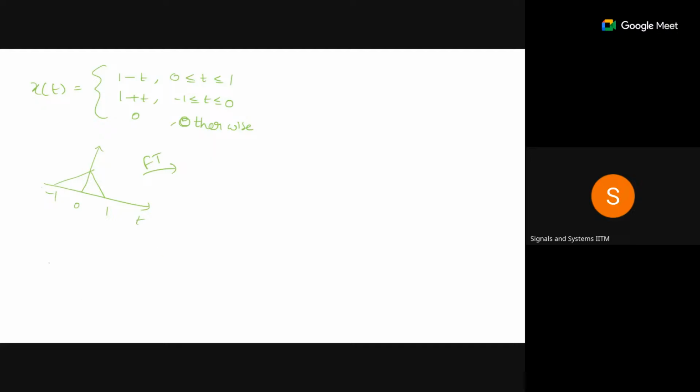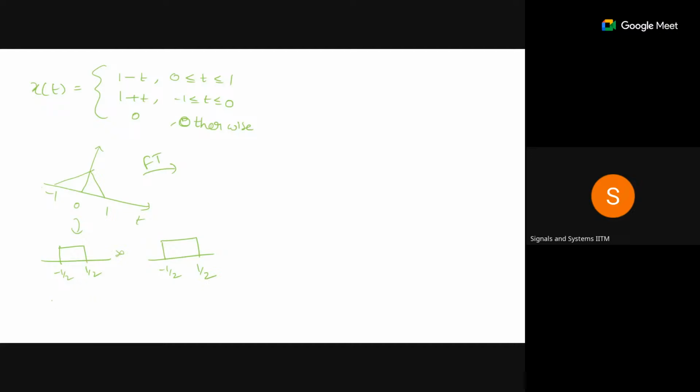So it will be from minus 1 by 2 to 1 by 2 convolved with minus 1 by 2 to 1 by 2. This is the convolution of two rectangular signals of duration from minus 1 by 2 to 1 by 2.